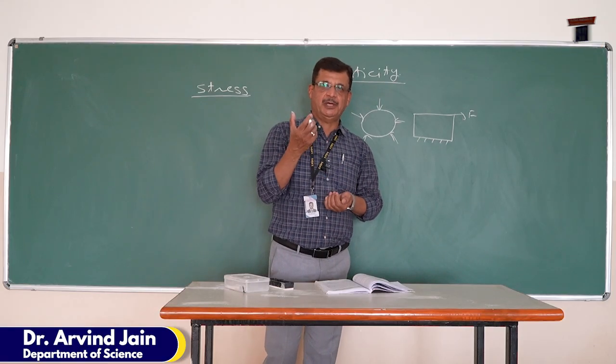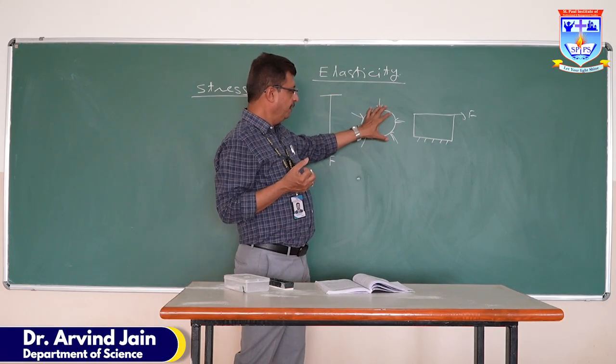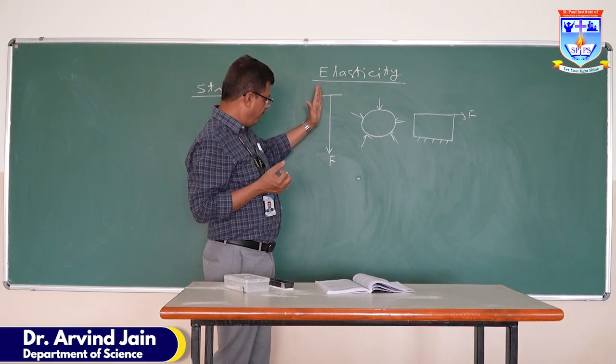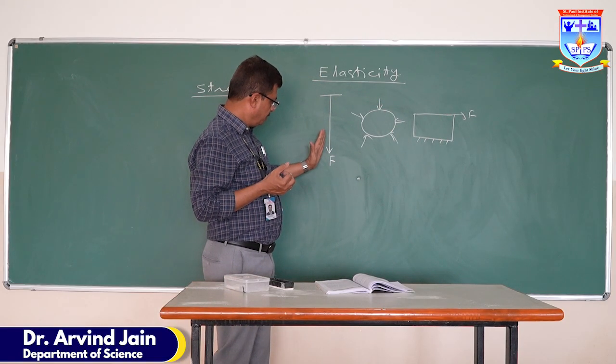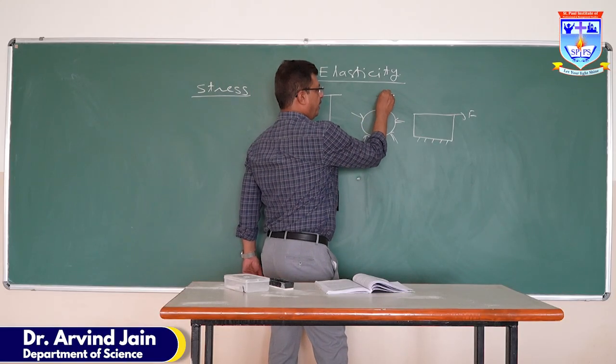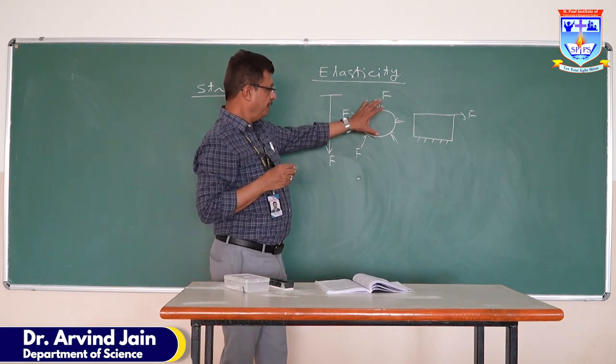So there are three types of body: along the length, spherical body and rectangular body. Here force is applied along the length of the body. Here force is applied on the surface of the body.